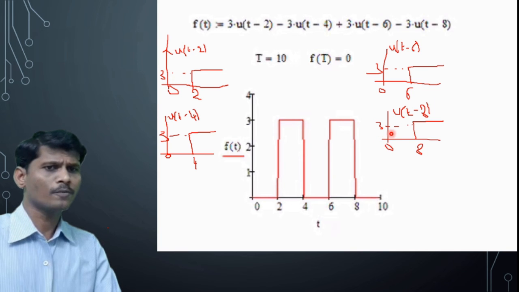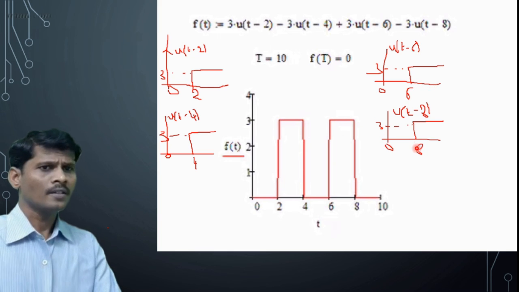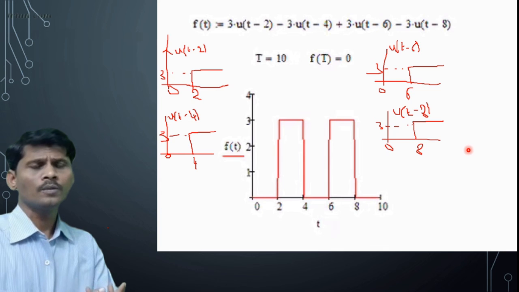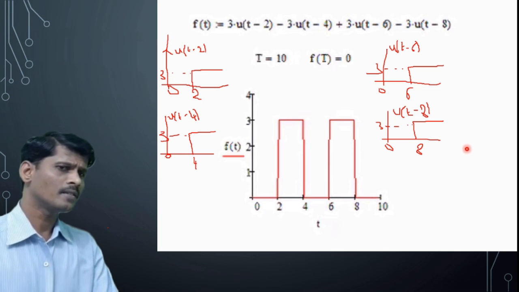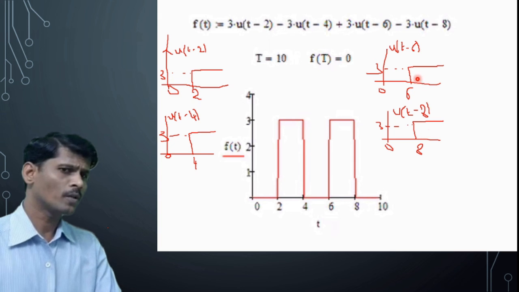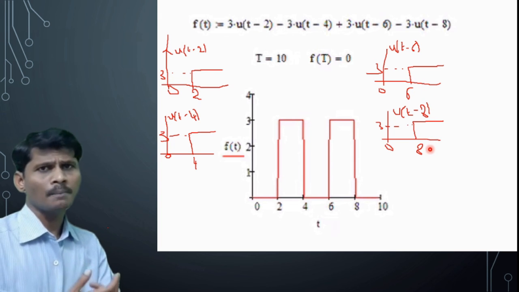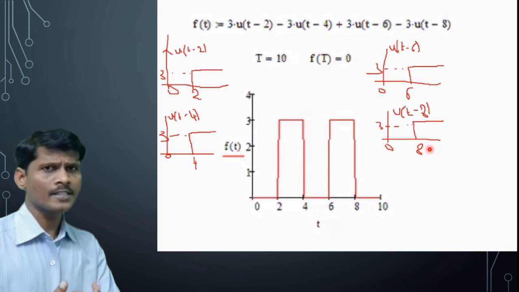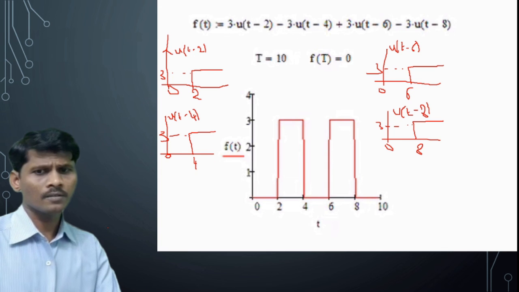Subtracting this waveform from this waveform. Now in this waveform, from 6 to infinity the magnitude is 3. In this waveform, from 8 to infinity the magnitude is 3. Subtracting this waveform from this waveform, 8 to infinity the magnitude is 0. It is present between 6 and 8. See the waveform.